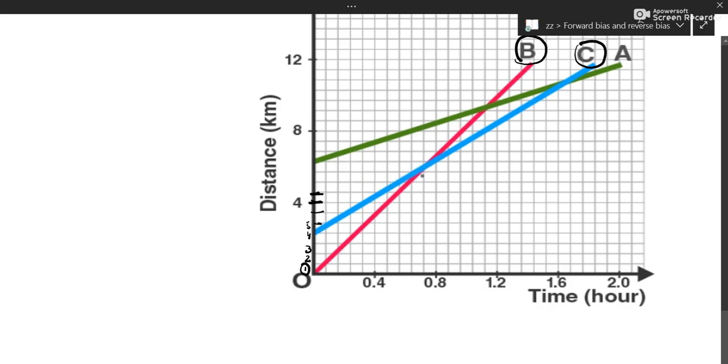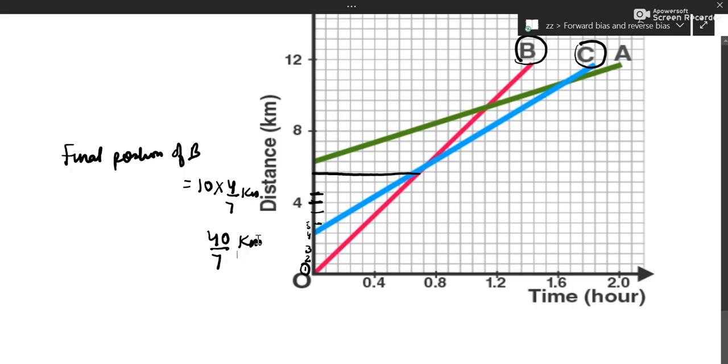But I can see clearly that this is at 10. So where is it? Final position of B. It's either the 9th or 10th, if it is clear to you. So 10 into 4 by 7 kilometers. So it is 40 by 7.